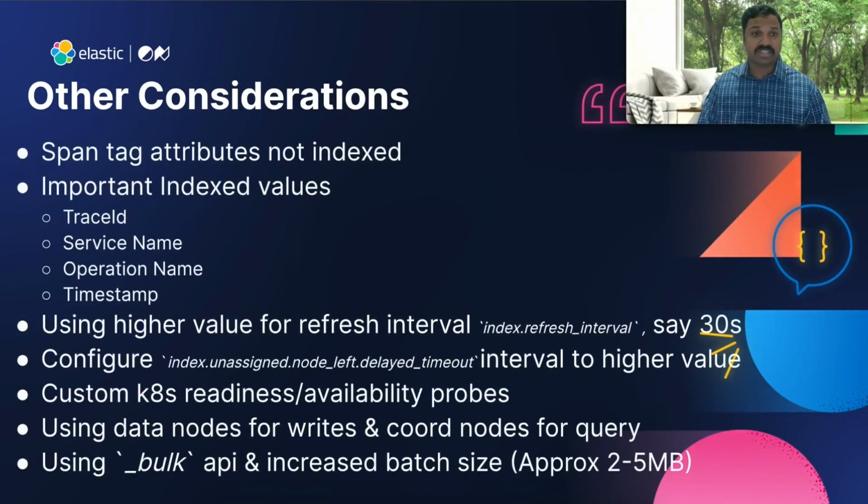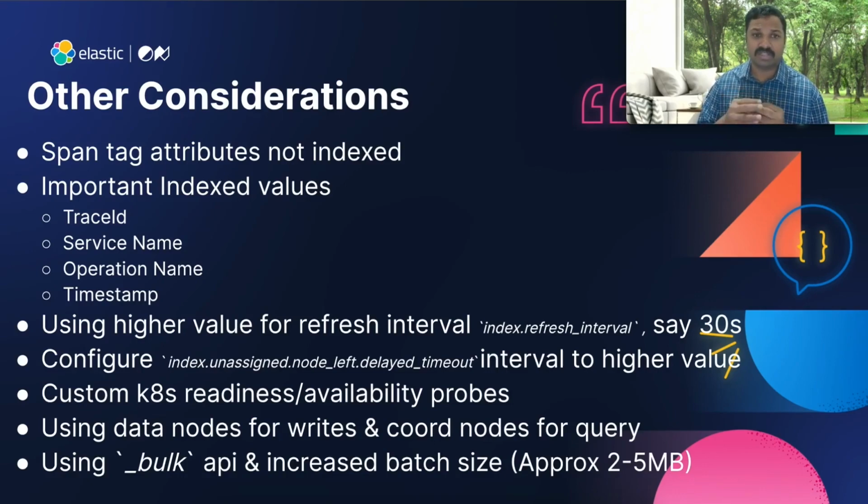Some other considerations to keep in mind is that not every tag attribute needs to be indexed. The tag attributes are really free constructs, anybody can create them as they want. You don't want to index all of that, because what would eventually happen is that your inverted index will get really bloated, and it will also affect your ingestion throughput.